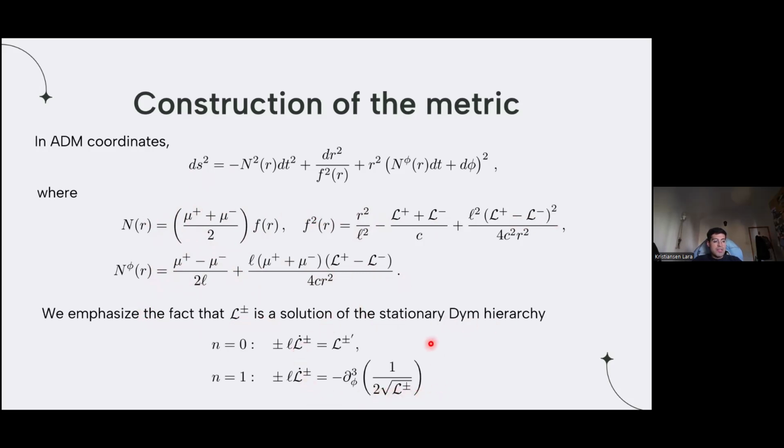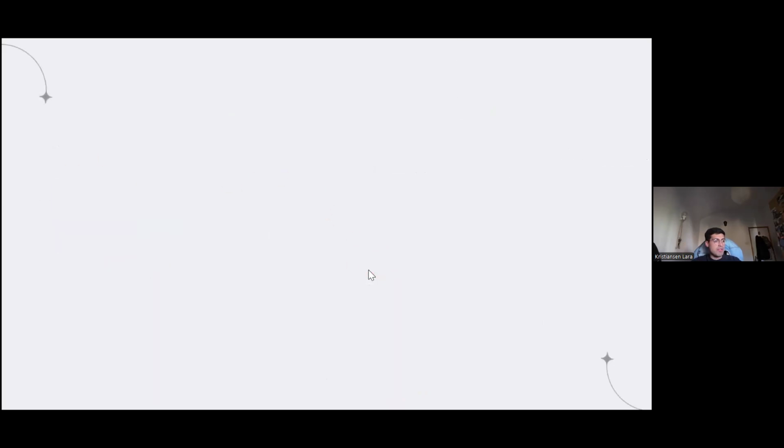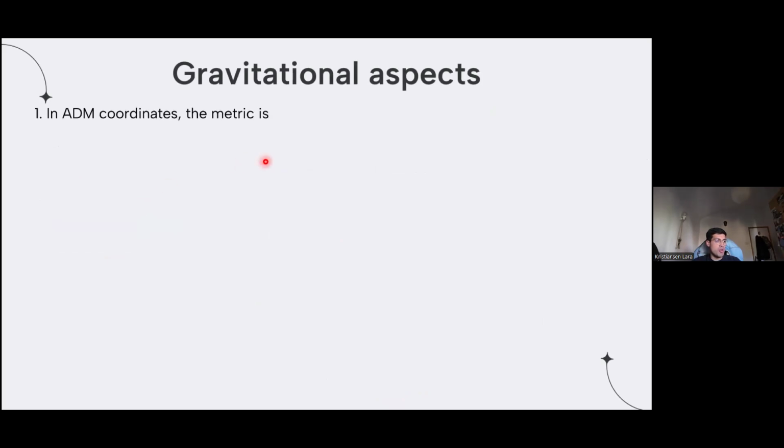Remember that. So here now comes the point that the configuration L equals 0 is not permissible. Why? Because the Dim equation has a square root in the denominator. So the configuration L equals 0 will be forbidden at this point. And this will have implications for black hole configurations. So the last section is gravitational aspects. And okay, I'm going to work within the metric formalism at this point.